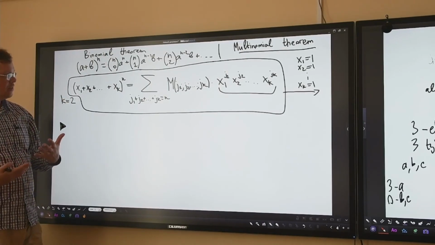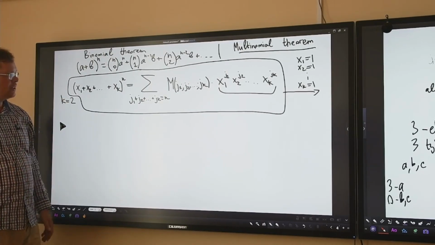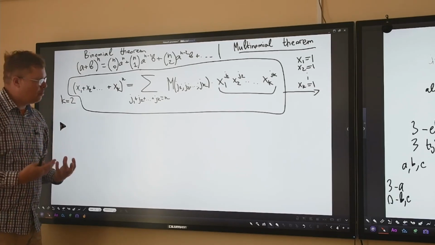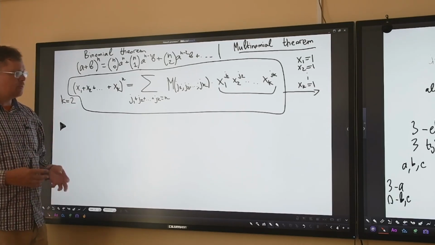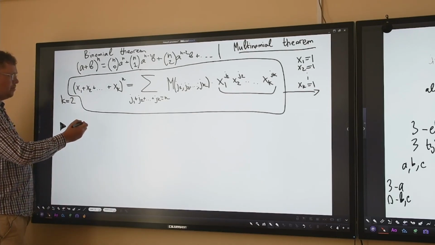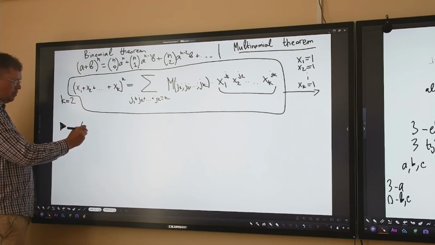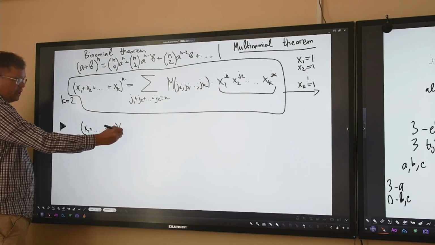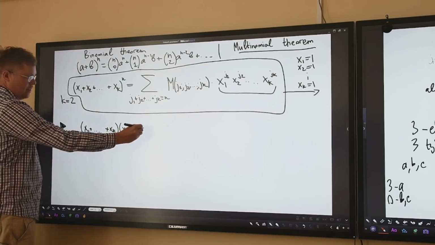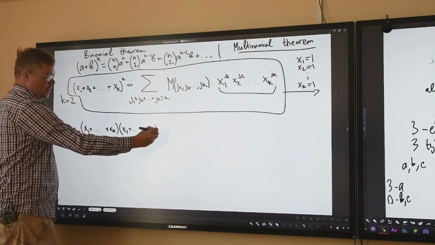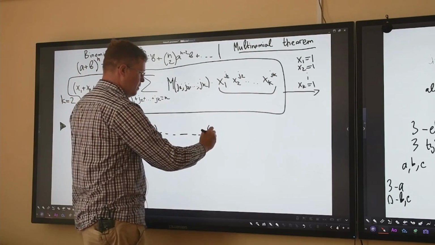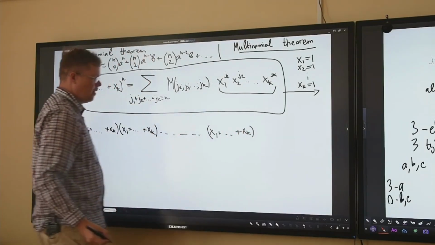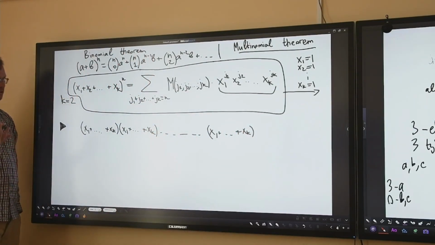So I have some n element set from which I choose j1 elements of type 1, j2 elements of type 2, and so on. And all I need to do, as in the binomial theorem, is look at these n brackets and think.